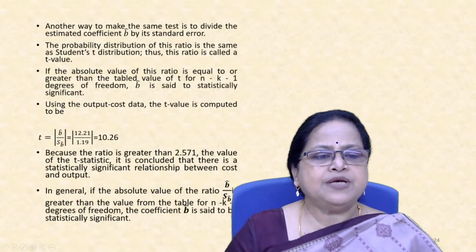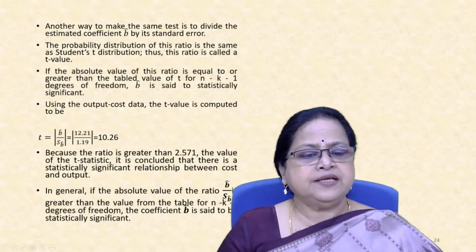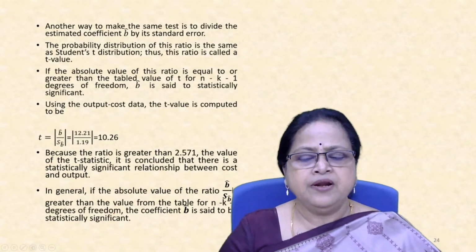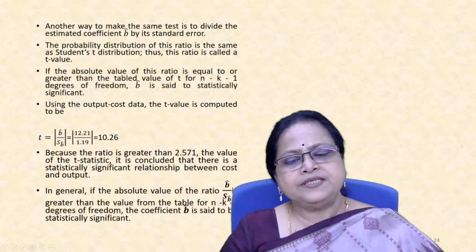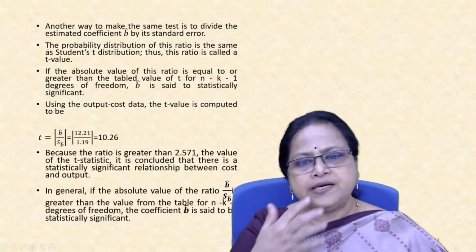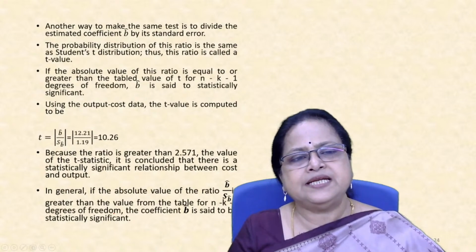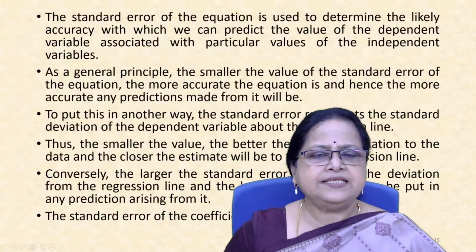In general, if the absolute value of the ratio B hat by SB hat is greater than the value from the table for n minus k minus 1 degrees of freedom, the coefficient B hat is said to be statistically significant. So we studied the t value, which should be statistically significant. In our example, here B hat is becoming statistically significant.